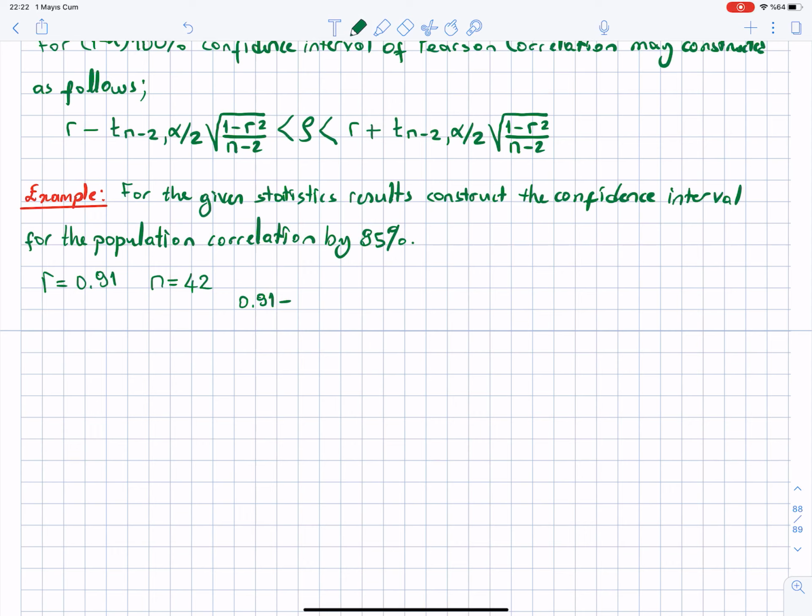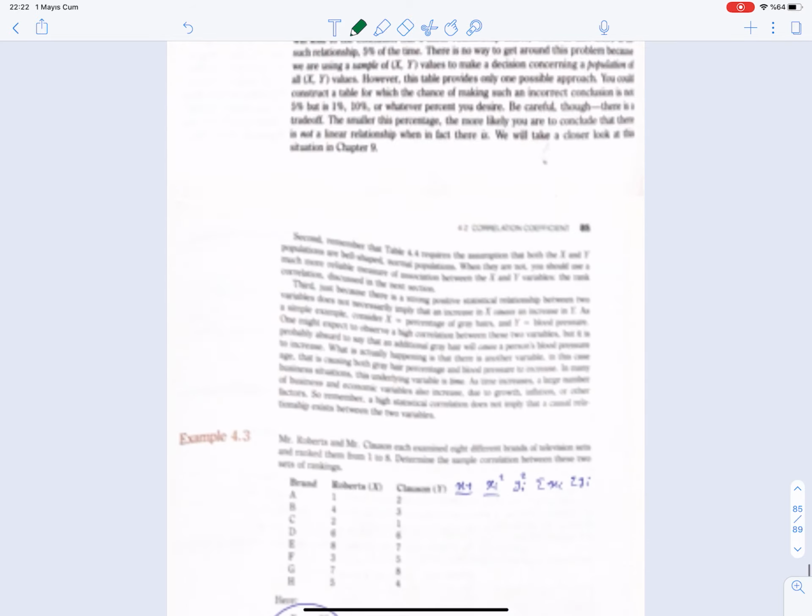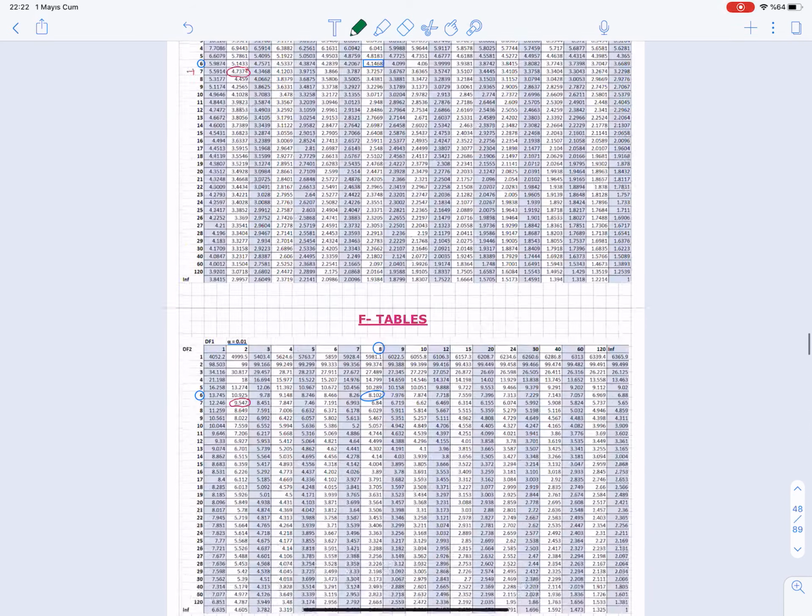Before we start to construct the confidence interval, let's get the t with n minus 2 and alpha divided by 2. 42 minus 2 becomes 40, and since this is 95%, 1 minus alpha times 100 is 95, and from there we get the alpha level to be 0.05. So alpha divided by 2 becomes 0.025.